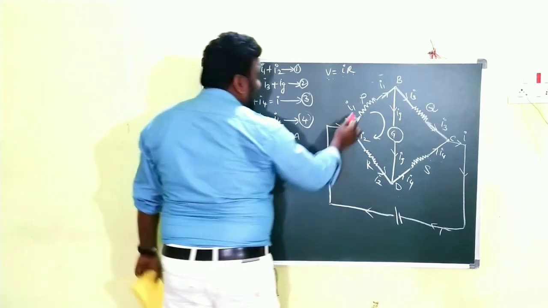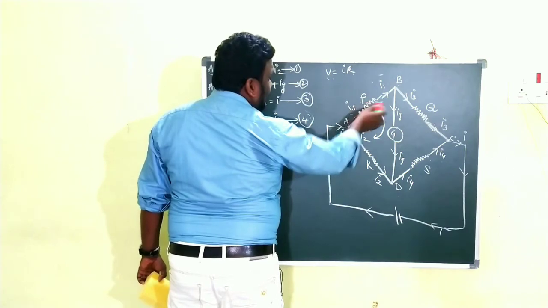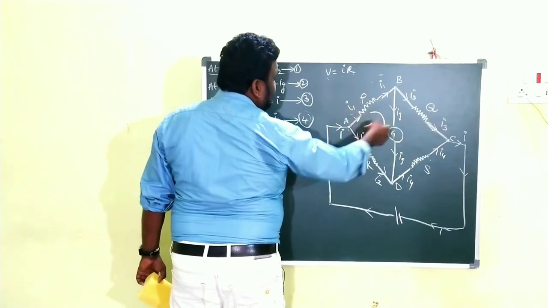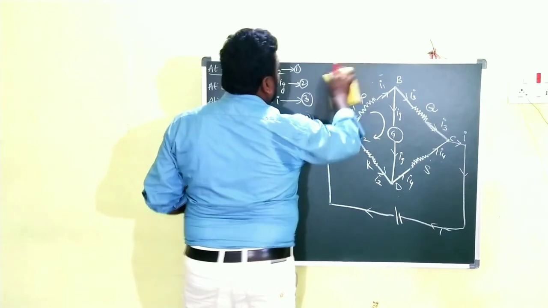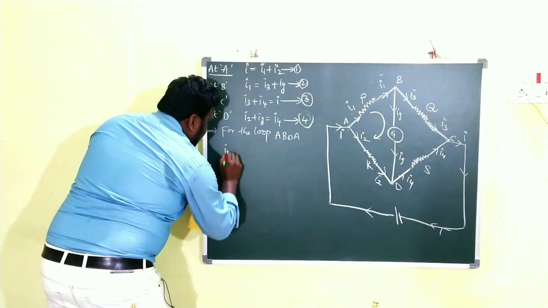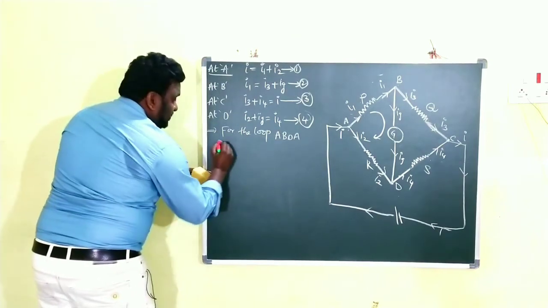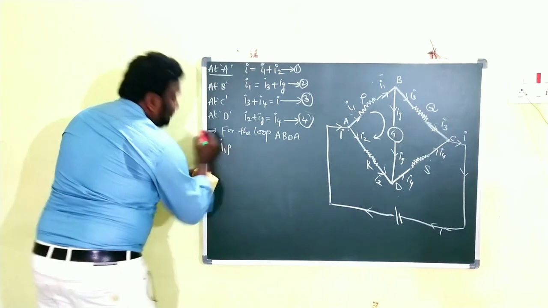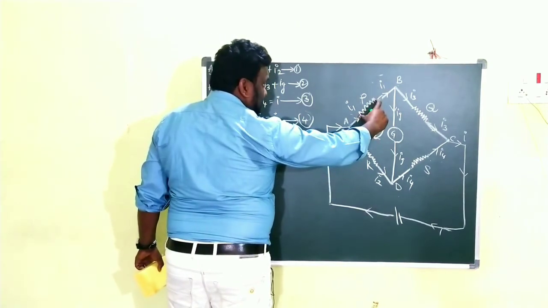Like that, here I1 is the current and resistance is P. So what is the potential across this resistor? I1P. I1P is the potential across the first resistor.